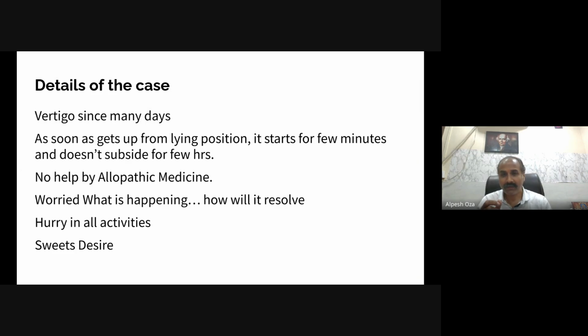A 25, 27-year-old gentleman comes to me with vertigo since a lot of days. It starts as soon as he rises from the sleeping position. He feels giddy, with vertigo for the first few minutes, and it doesn't subside.